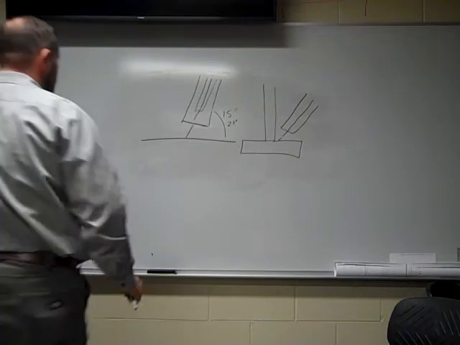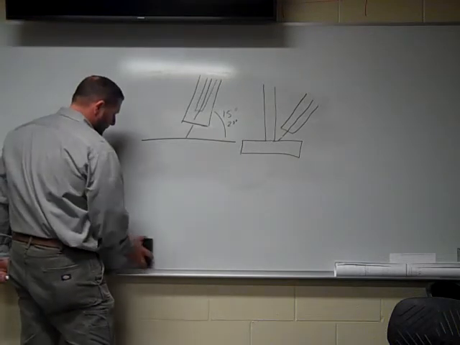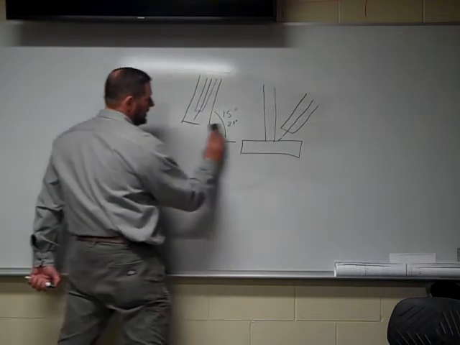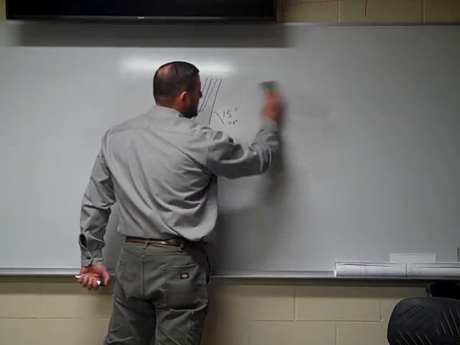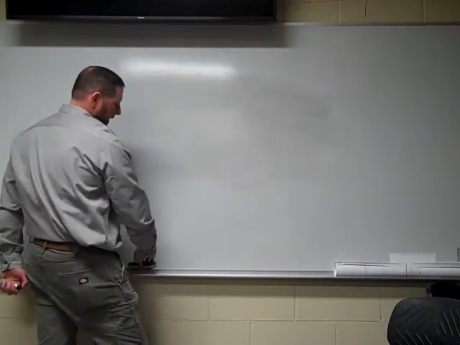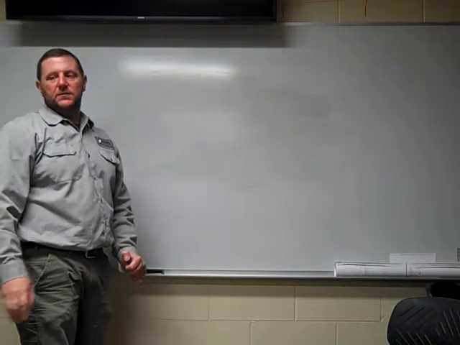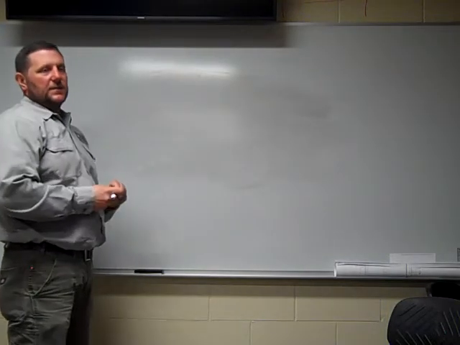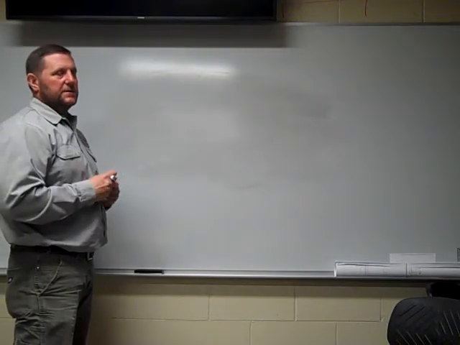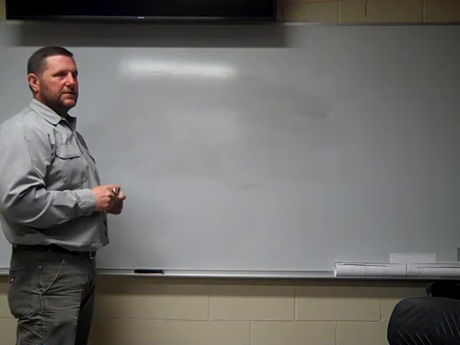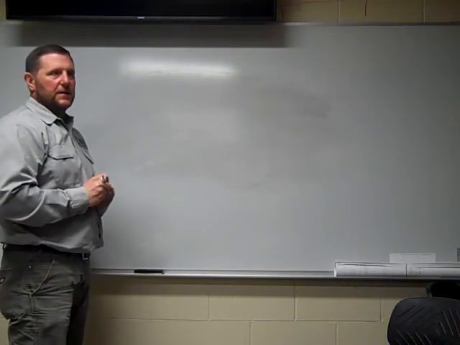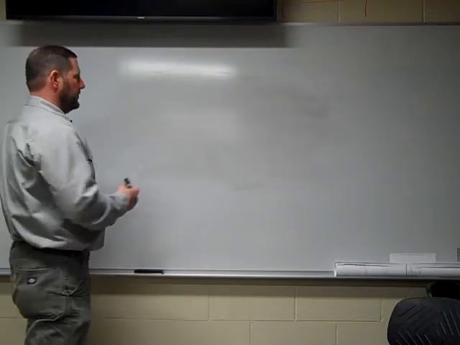Now also in GMAW we talked about our solid electrode. We're going to have a chapter 28 that is just about electrodes. Solid, what does that mean? That means that the filler metal's a solid composition. It's a solid metal. We also weld with what they call metal core.